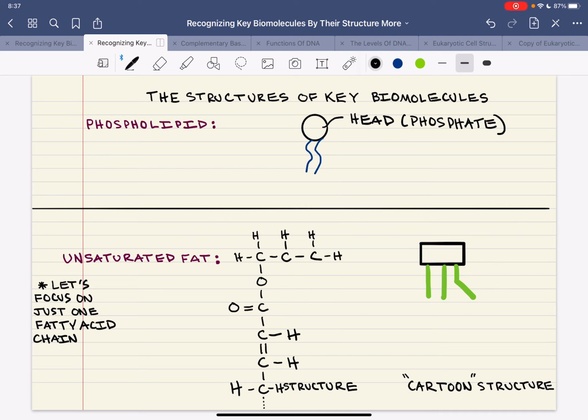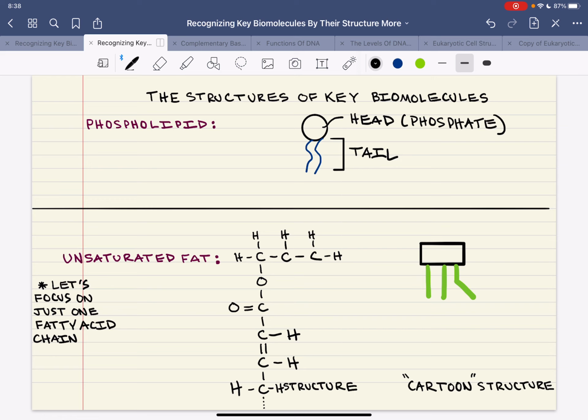Oh well. So those 2 fatty acid tails, let me put a little bracket here. Those are part of the tail region. Remember, we said we sometimes call the fatty acid chains fatty acid tails. They mean the same. So this is the tail region, and this is the region that does not like water.